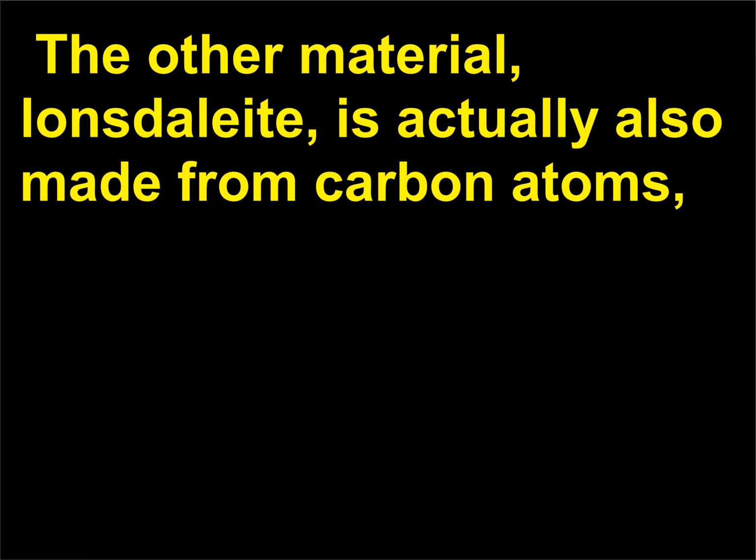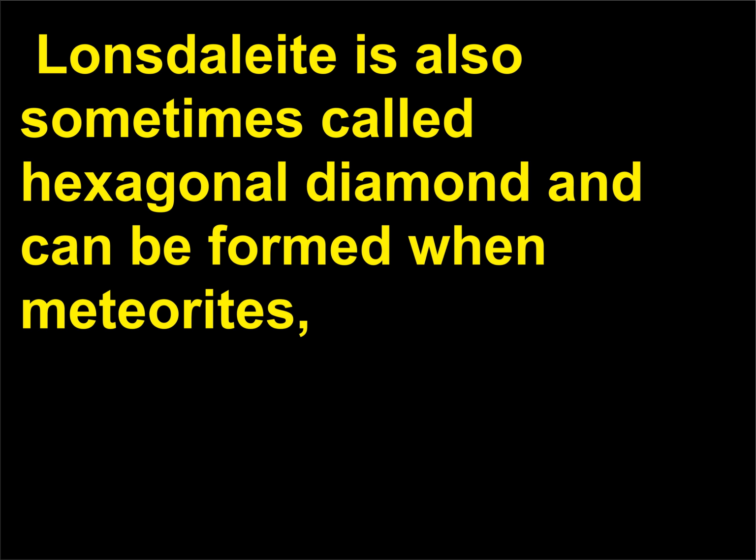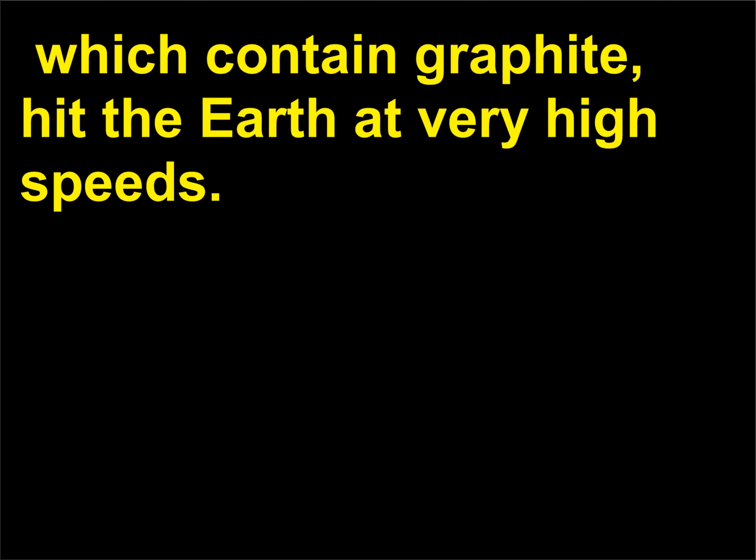The other material, lonsdaleite, is actually also made from carbon atoms, but these are arranged differently from those of diamond. Lonsdaleite is also sometimes called hexagonal diamond and can be formed when meteorites, which contain graphite, hit the Earth at very high speeds.